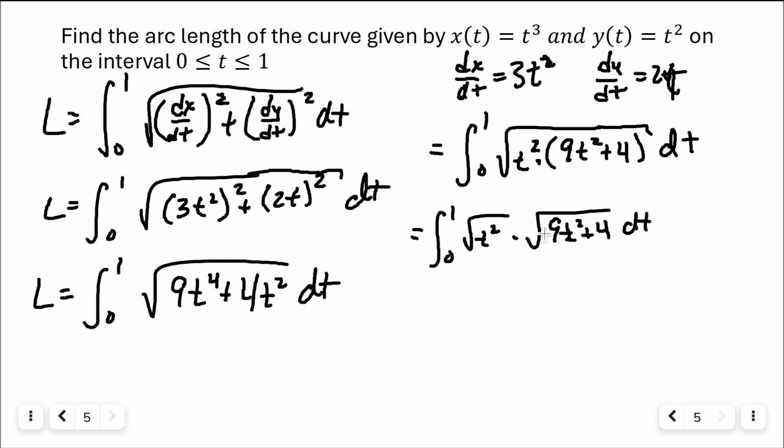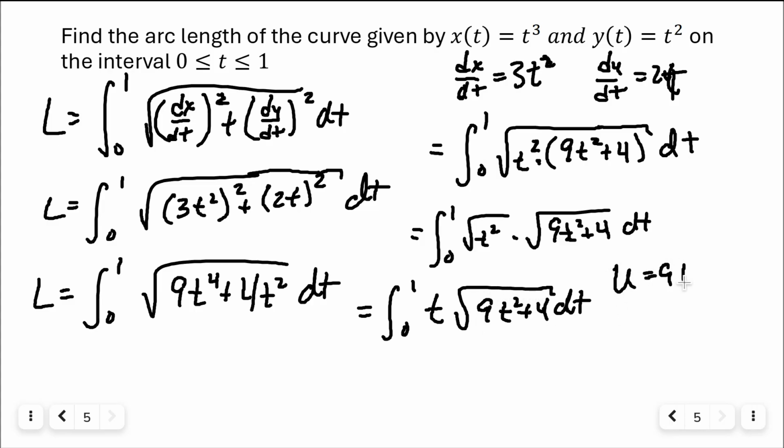The square root of t squared is t. So this is now the integral from 0 to 1 of t times the square root of 9t squared plus 4, dt. But now I'm at a huge advantage, because now I can use substitution on the 9t squared plus 4. Its derivative is 18t. I just need a 1 over 18.